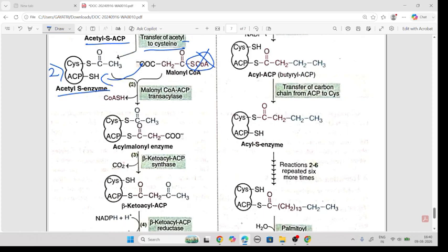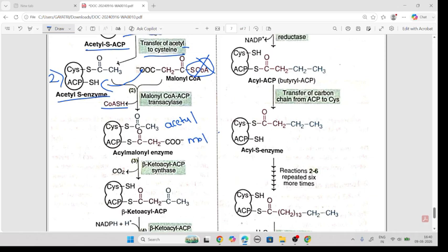Whatever CoA was there has been released. Now you can see this entire part: above, your acetyl is there, and below, your malonate is there. Not malonyl CoA, only malonate, because we have removed the CoA. This is called acyl malonyl enzyme.